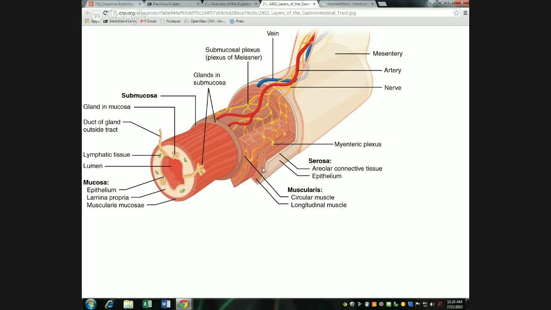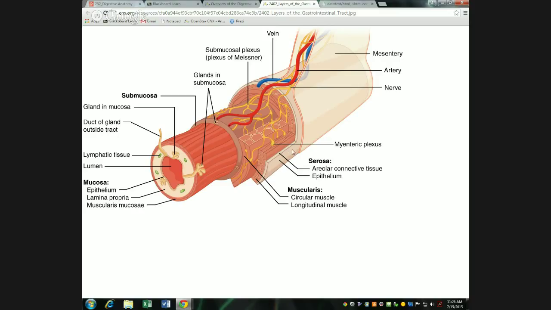But for the esophagus, stomach, and intestines, there's a specific muscle layer there. Some sources might refer to it as something like the muscularis externa to differentiate it from muscularis mucosae. But if you hear just muscularis by itself, it's referring to the muscle layer, which is more common these days.